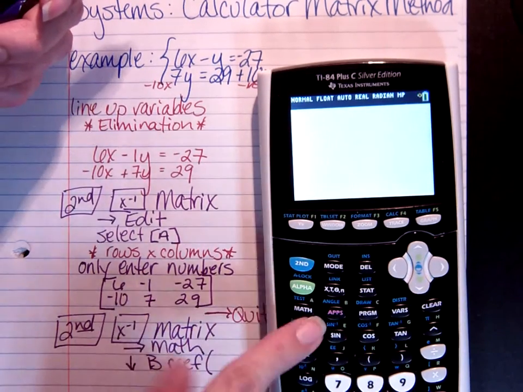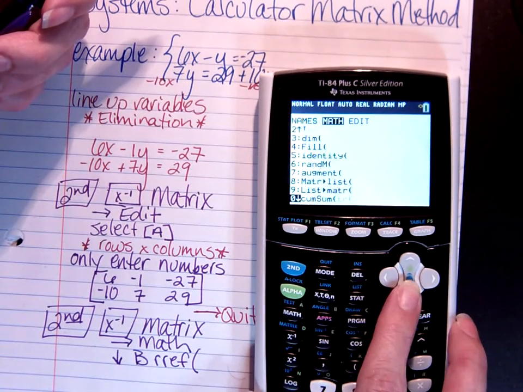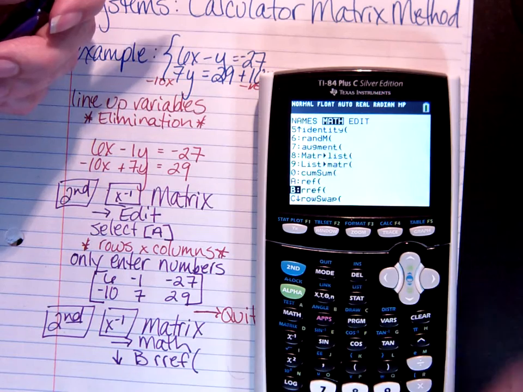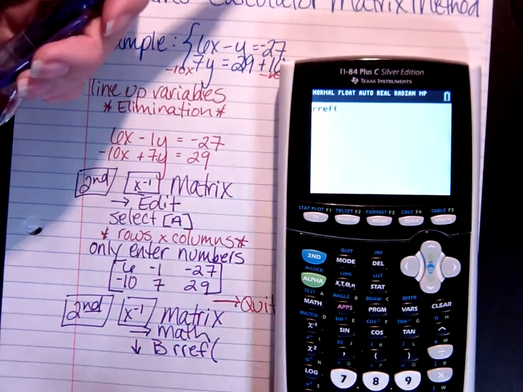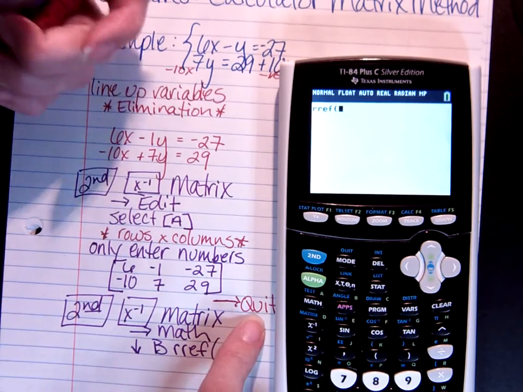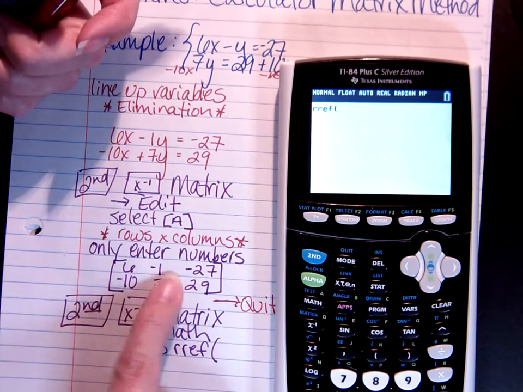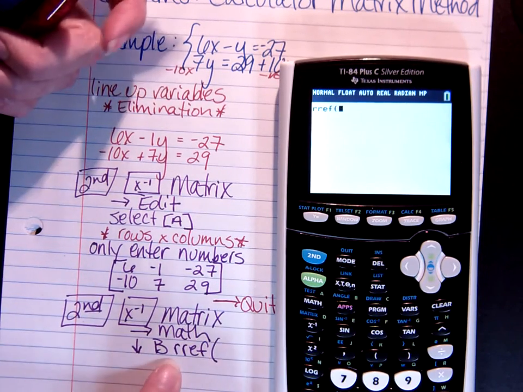Then you can go to your matrix menu, go to Math, go down to option B, and select it. Okay? So if you forget this quit step, like I just did, you won't be able to get any further. You'll still be typing into your matrix. So you've got to quit, then go back into your matrix menu to pick that.